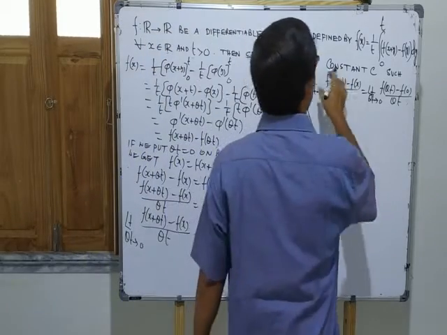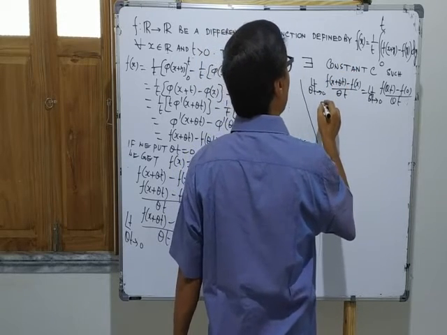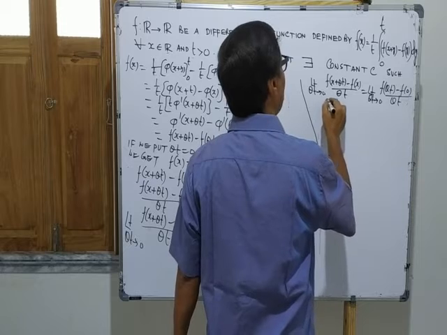So we can write f dot x instead of this. So f dot x is the derivative of the function.